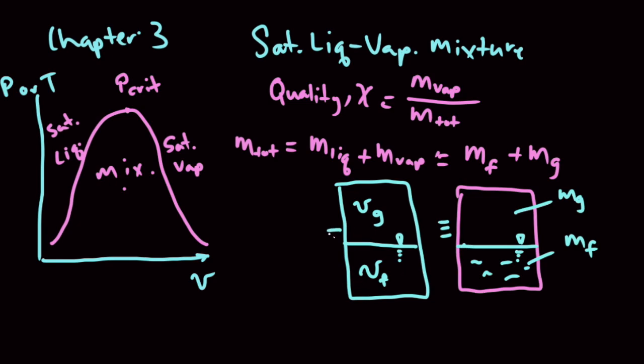I'm going backwards here, I apologize about this. Equivalently, instead of saying that, we have a tank where a certain portion of it is the volume of the liquid and the volume of the vapor. Sorry about this horrible drawing here.